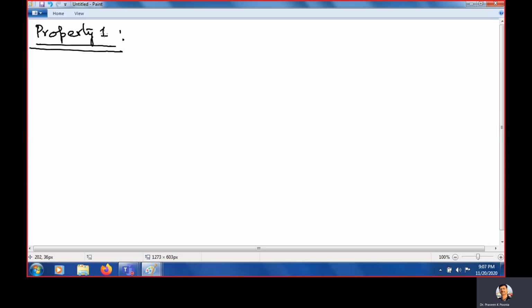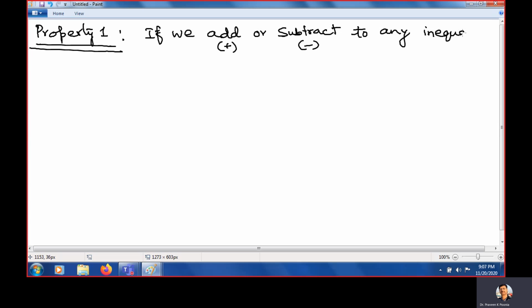Property number 1 is if we add, means plus, or subtract, means minus, to any inequality, its sign does not change.